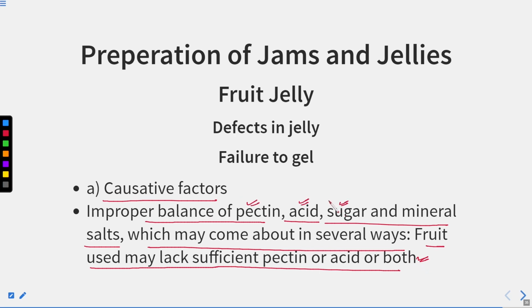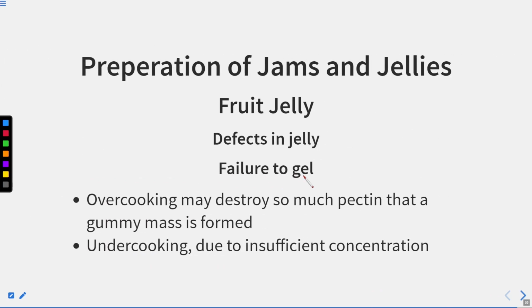So these are some of the ingredients that must be present in the jelly, that is pectin, acid and sugar. The pectin must be contained in the fruit only, right? So if the fruit does not have an adequate amount of pectin or acid, then there will be a failure of gel formation in the jelly.